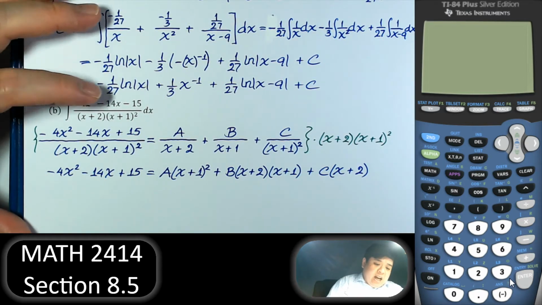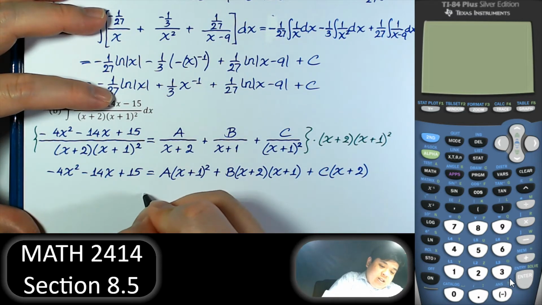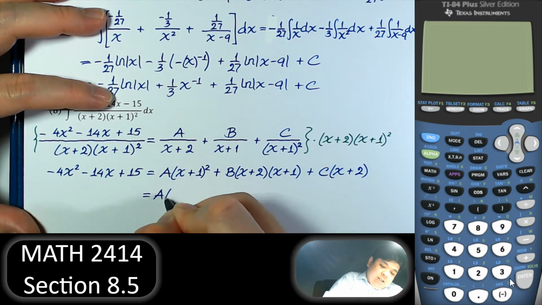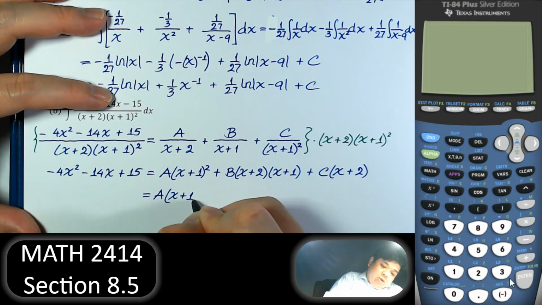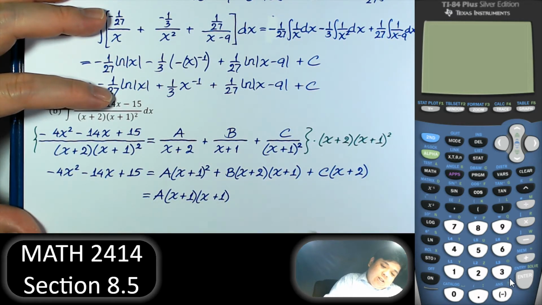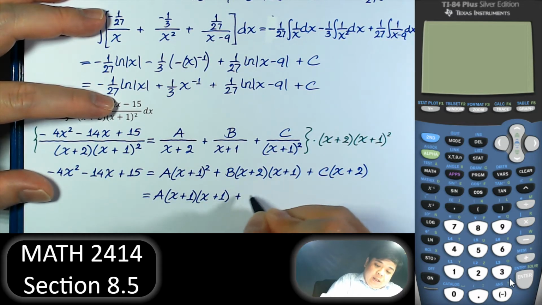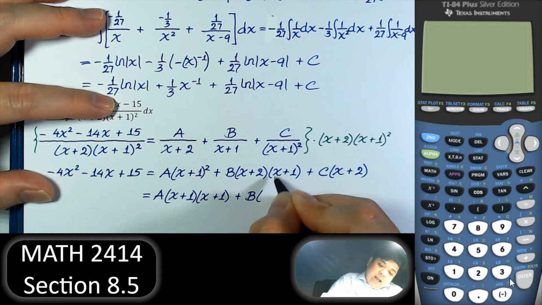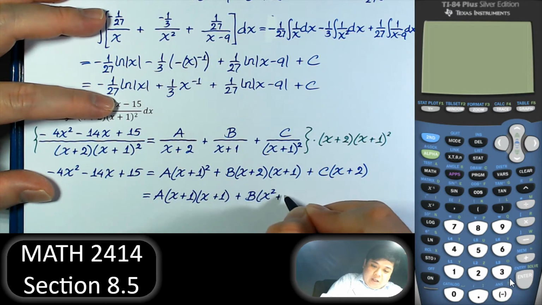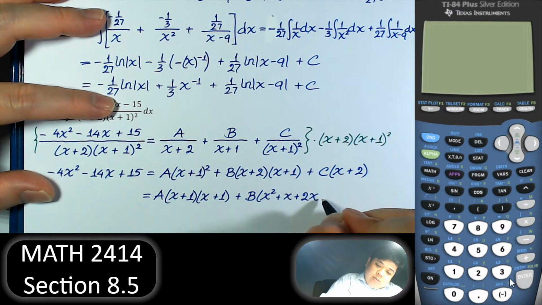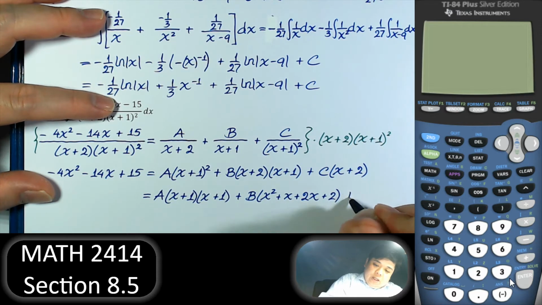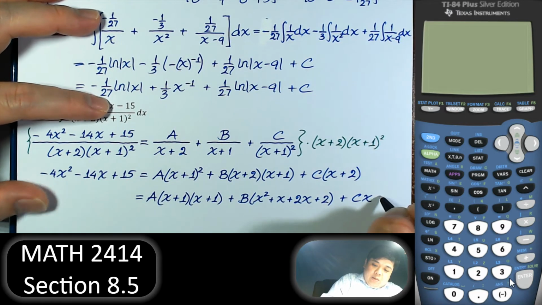But like I said, I prefer to just multiply it out. (x plus 1) squared, and now this x squared plus 2 plus x plus 2x plus 2, and then cx plus 2c.